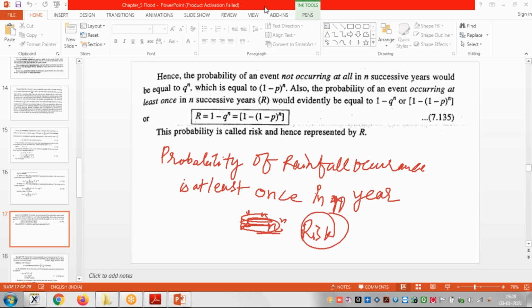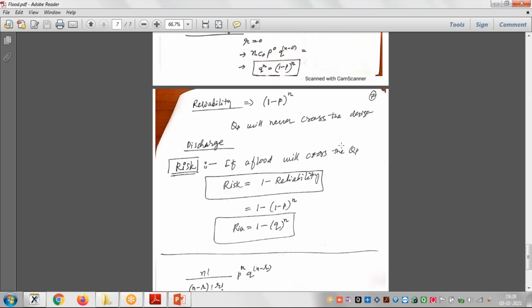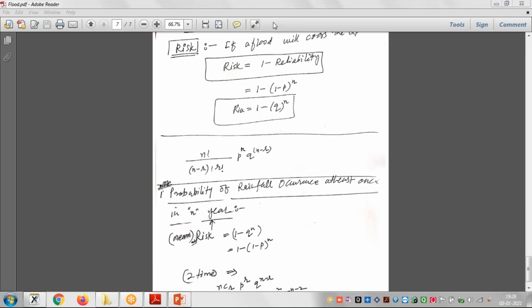Is this okay? If somewhere this sentence is used, the probability of rainfall occurrence at least once in n years, it is nothing but risk, right?